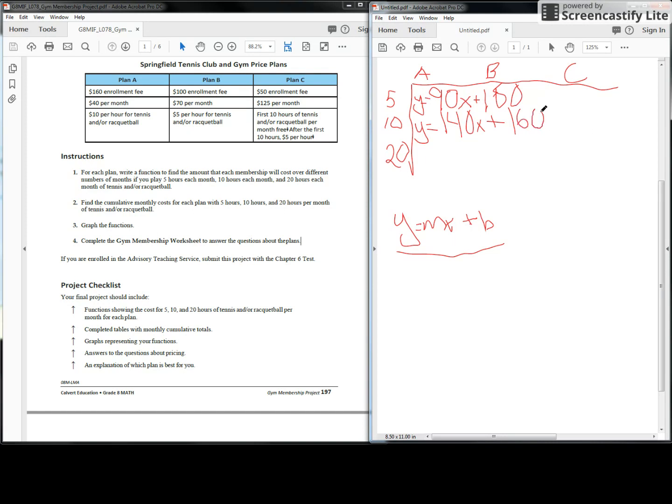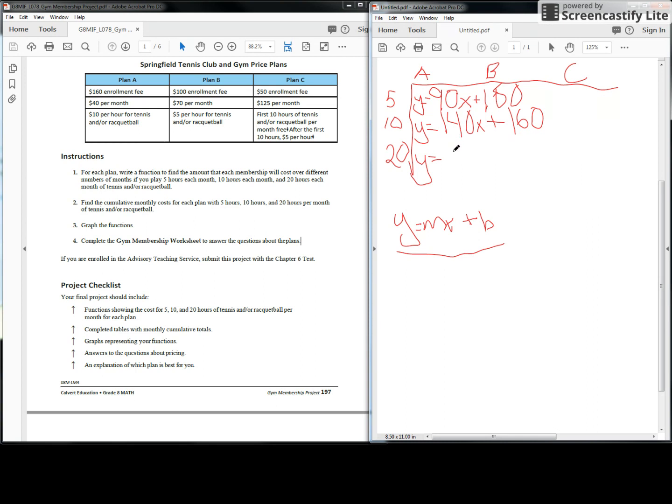It stays the same. Okay, and then if you're going to play 20 hours of racquetball every single month using Plan A, you're going to be spending 20 hours times $10. So you're going to spend $200 a month on tennis and racquetball, plus your $40 a month, which is the regular membership fee.